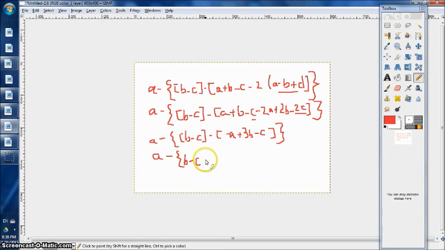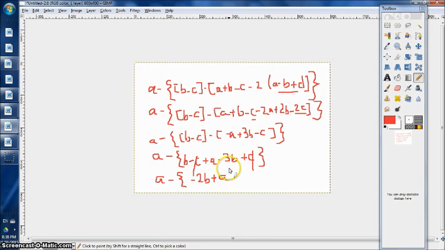This is B minus C, minus plus A, minus 3B, plus C. So A minus A, C plus C cancels out.